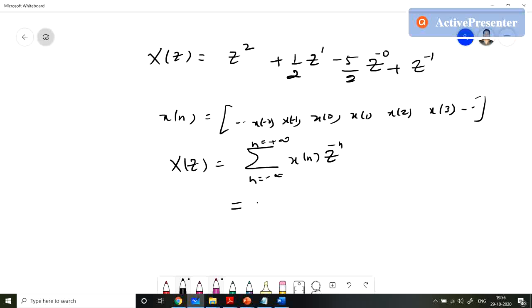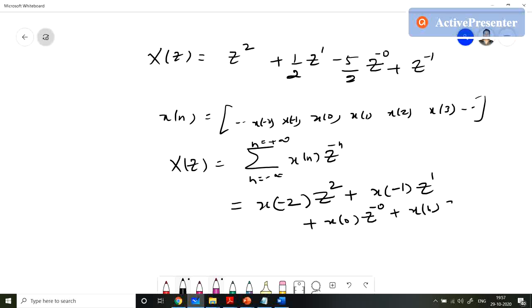So we write it starting from n equals minus 2: z squared, then x[minus 1] z raised to the power 1, plus x[0] z raised to the power minus 0, plus x[1] z raised to the power minus 1, plus x[2] z raised to the power minus 2. Now this is X(z).